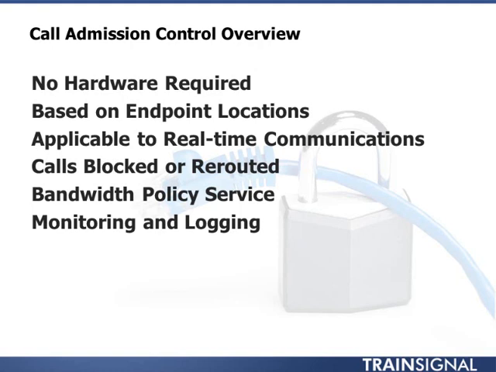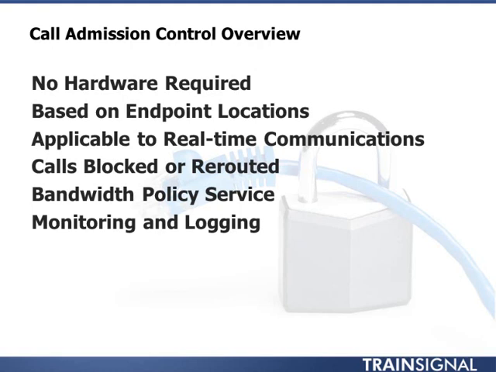In order to monitor call admission control with LYNC Server 2013, there's a couple of different tools that we can use. We can use the built-in monitoring services to capture information to the call detail records database. We can also use logging. The call detail recordings captures information about calls that are rerouted to the PSTN or voicemail. We also have a couple of CSV files or log files that we can inspect. There's a check failures log file and a LYNC utilization log.